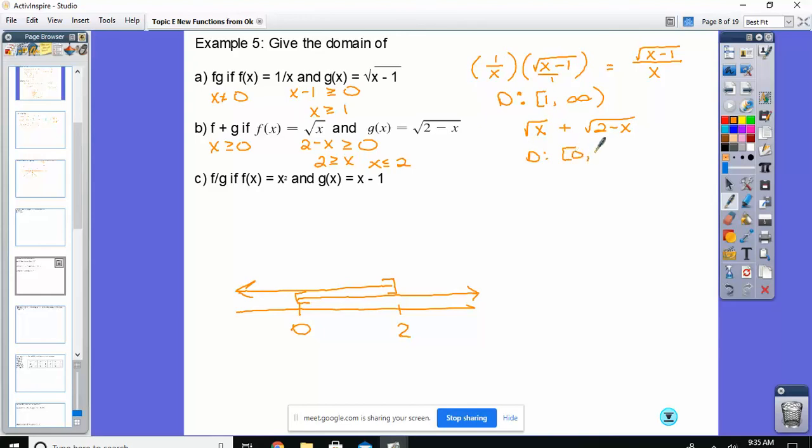So bracket 0, comma 2. So any number between 0 and 2 would work. Is that all right, everyone?